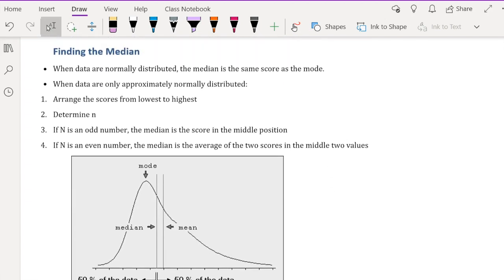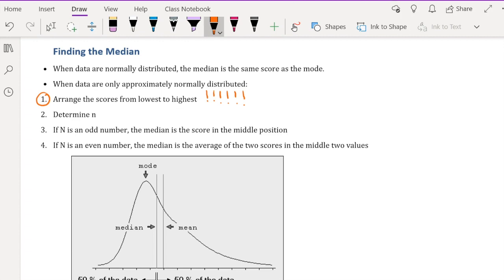How do you find the median? As I already said, when the distribution is not skewed and it's normally distributed, it's just going to be the same as whatever the mode is. When it's approximately normally distributed, we need to arrange the data set from lowest to highest. This is very important.